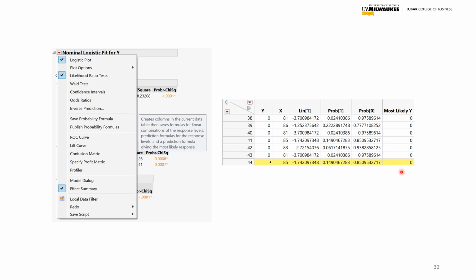And then JMP has a column of the most likely Y. This is a classification. Based on the low probability of success, JMP has determined the individual is to be classified as not being successful. We'll talk about how JMP makes that classification soon enough.